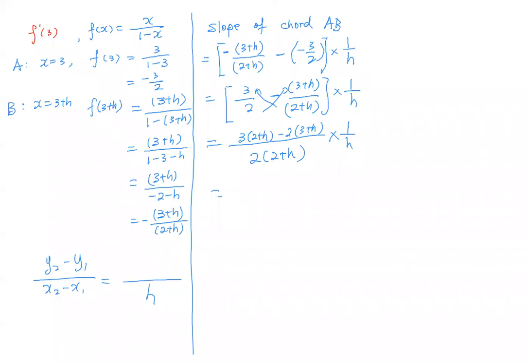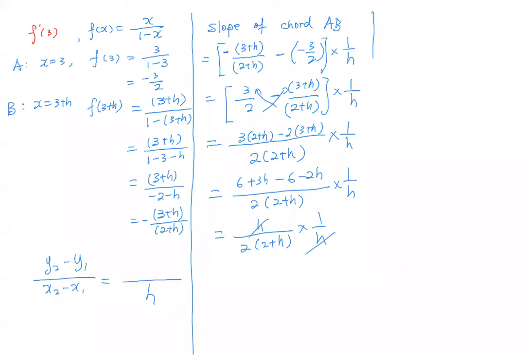This question is very much on the simplification part. So this will be 6 plus 3h minus 6 minus 2h over 2(2 plus h) times 1 over h. So you get h over (2 plus h) times 1 over h. h and h cancel, done.